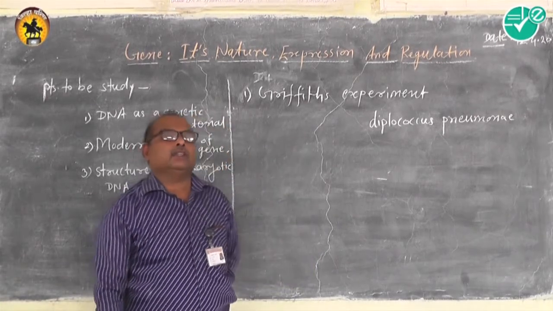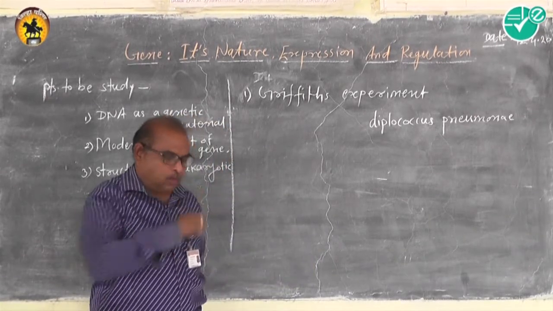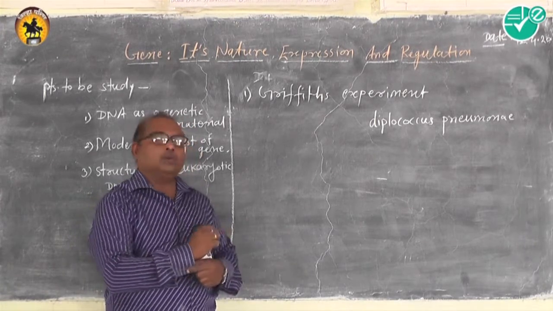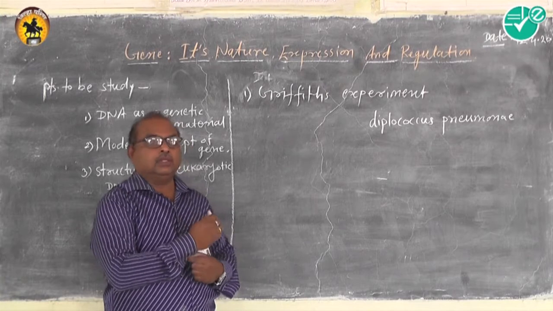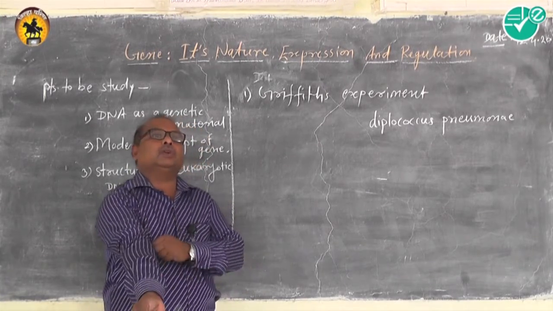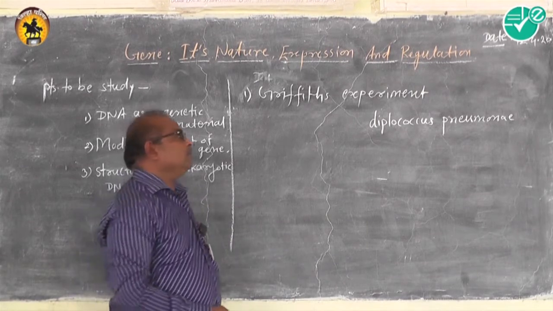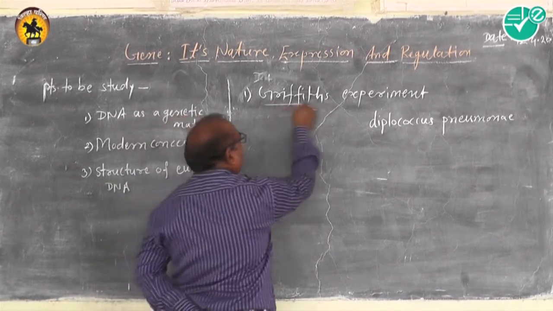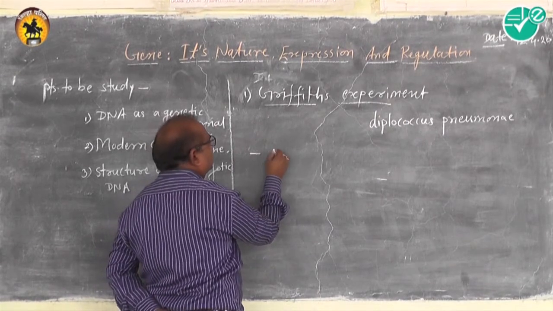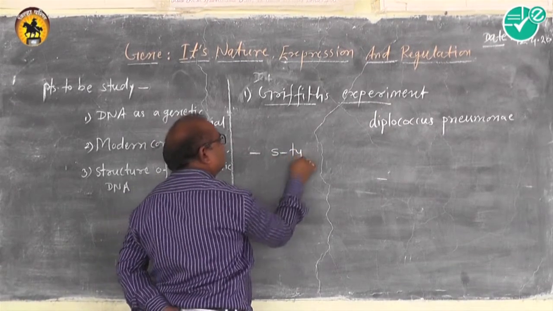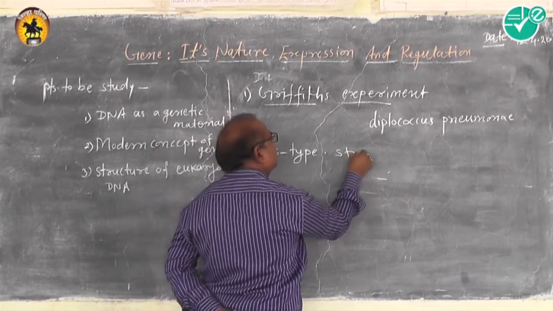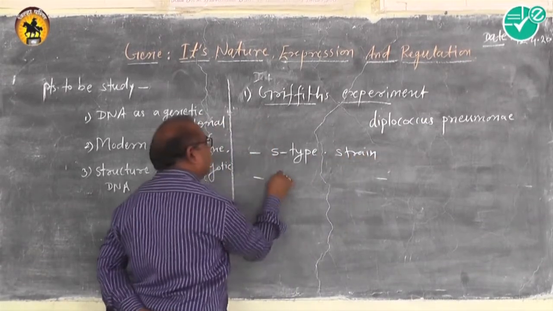So Griffith first studied the bacterium Diplococcus pneumoniae, and how it causes pneumonia. When he studied Diplococcus pneumoniae, at that time he found that there were two strains of it, the S-type strain and the R-type strain.